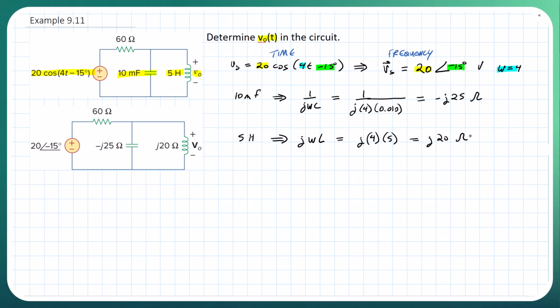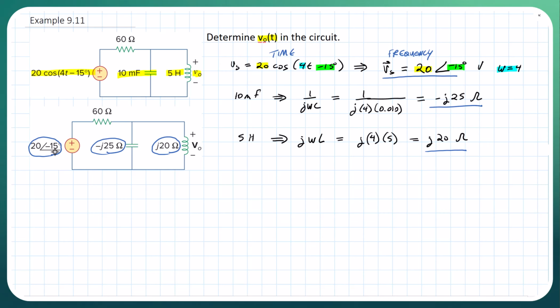So we've determined our voltage source in the frequency or phasor domain, our capacitor, as well as our inductor. And that's how we get this new circuit. So this new circuit is essentially this guy, and the voltage source. That's how we get those values.